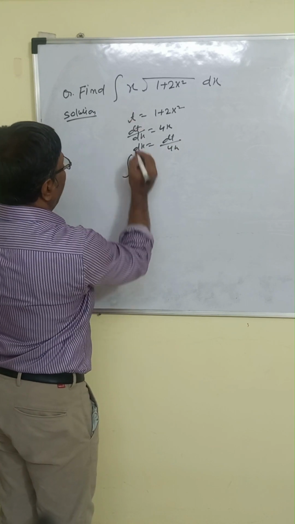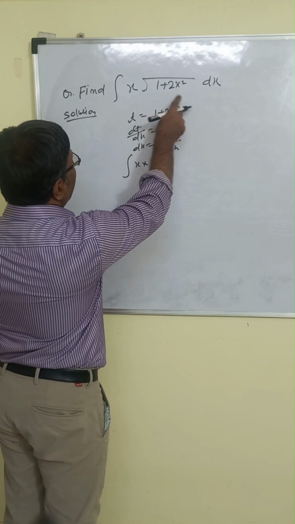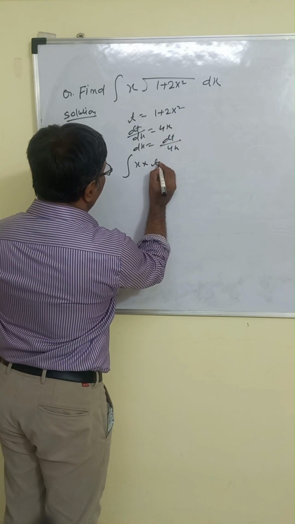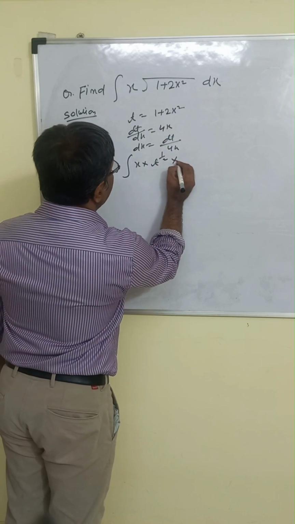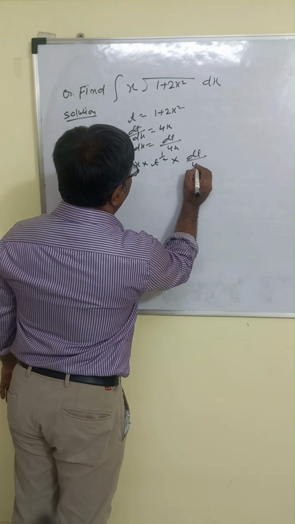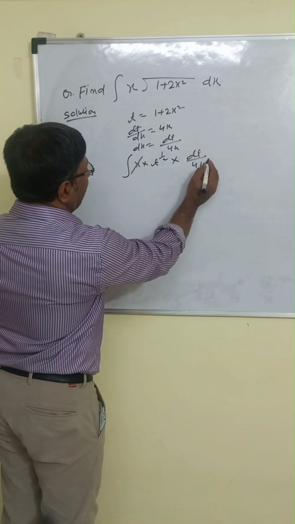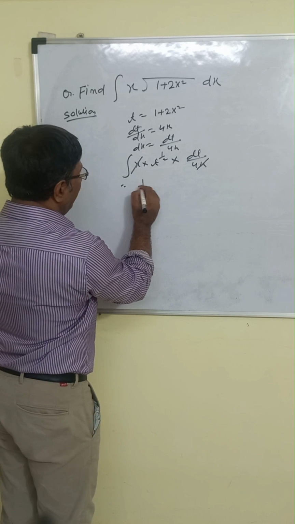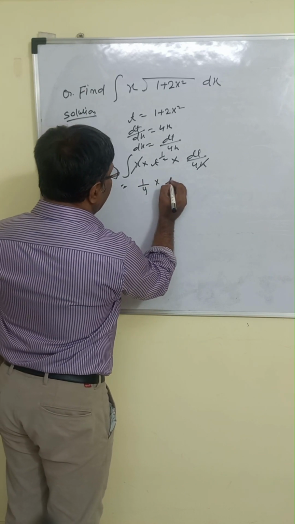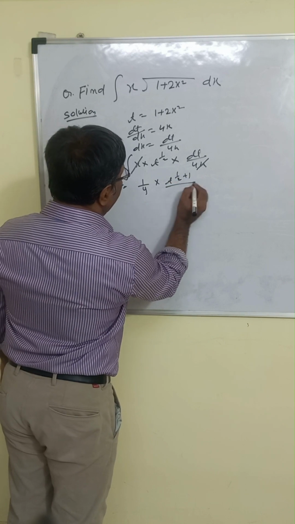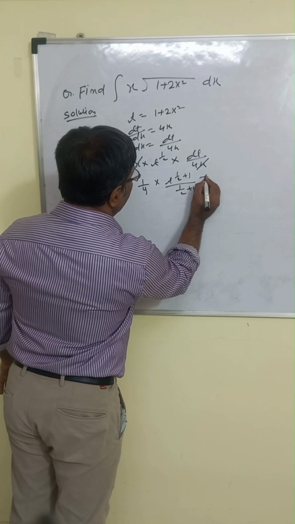Now put the value: x is x, and 1 plus 2x squared is t. So root t, that is power half, and this is dx. So dx is dt upon 4x, and this x and x cancel. 1 by 4 is this, and the integration of t to the power half is t to the power half plus 1, plus c.